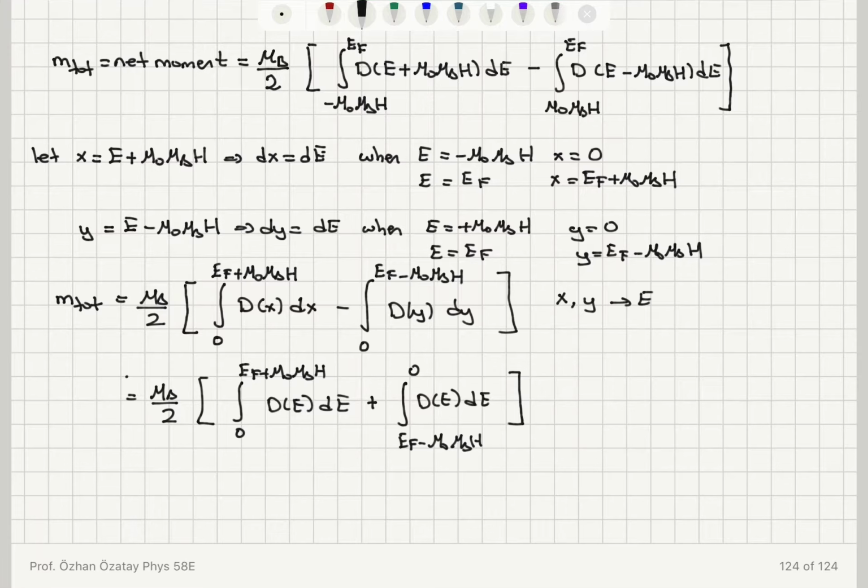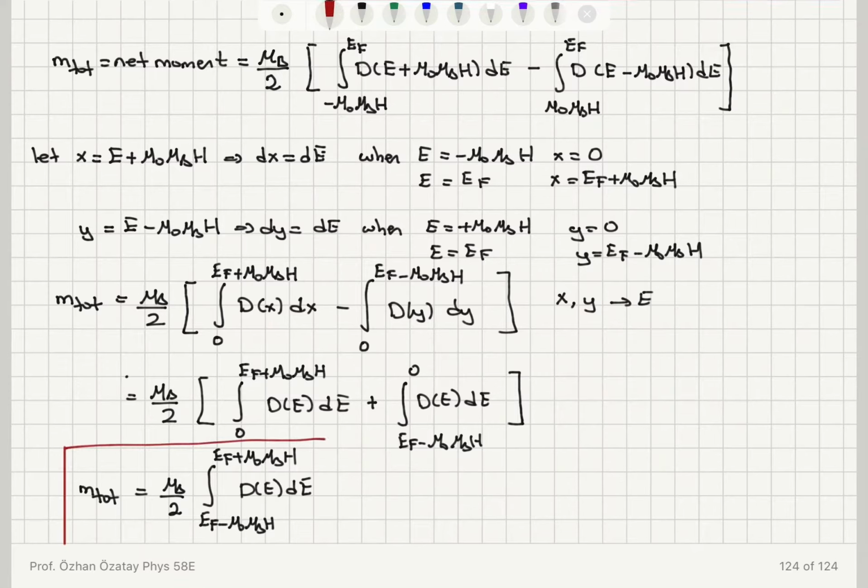You can see that I have switched the order of the limits, so the minus sign becomes a plus. Basically, this tells me that the total moment is mu b over 2, the integral from E Fermi minus mu 0 mu b h to E Fermi plus mu 0 mu b h density of states dE. So this is going to give me the answer that I'm looking for.